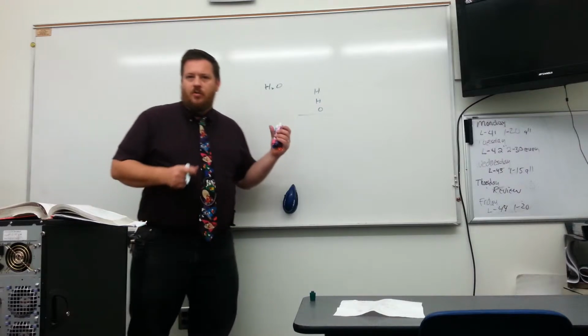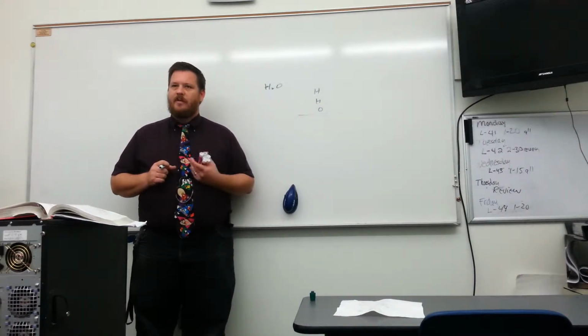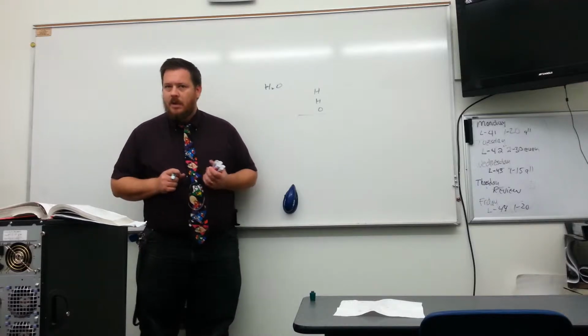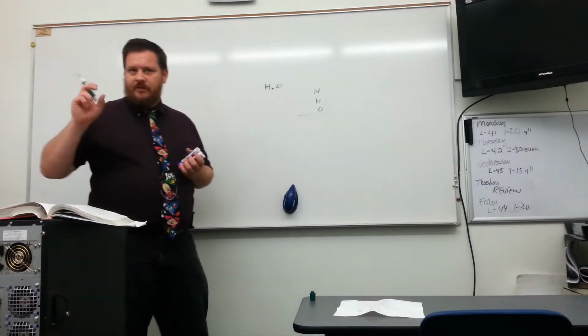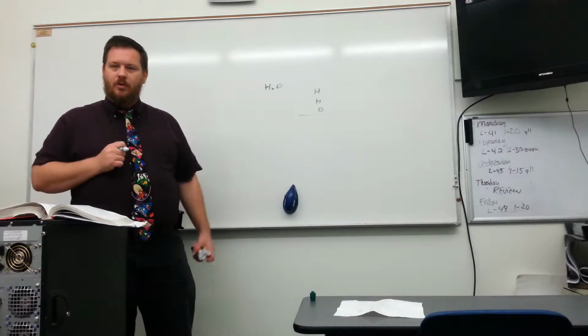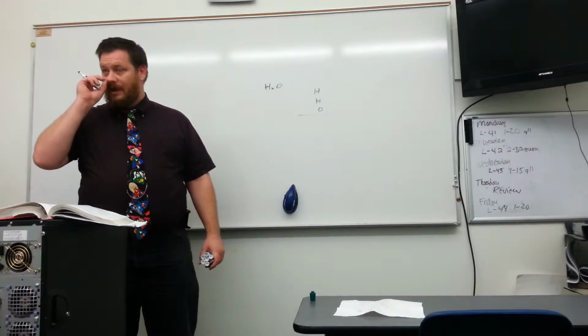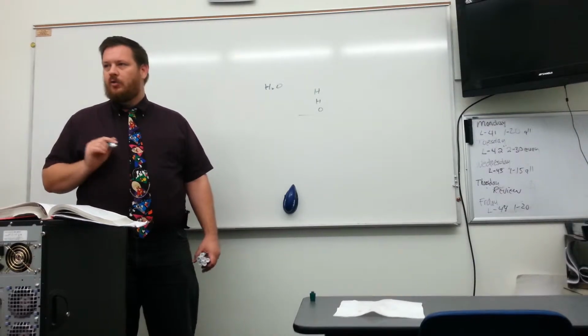Now, what you may or may not be aware of is that different atoms have different atomic weight. Right? On the periodic table, there's numbers associated with them. For purposes of this class, we're rounding each atom's mass to a whole number.